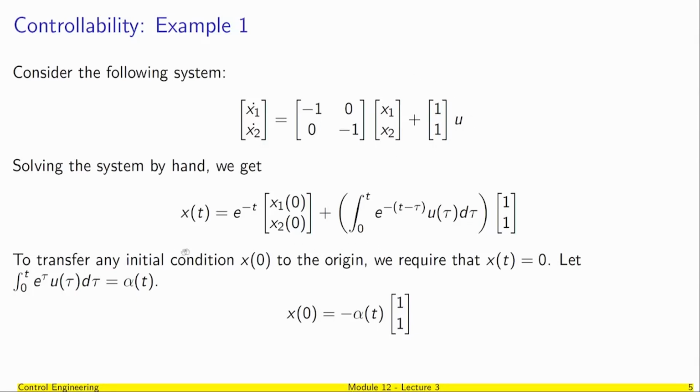If I just try to solve those, I get something like this, that x of t, starting from initial conditions, we will have a solution like this, which essentially means I will ask myself a question: given initial states x1 naught and x2 naught, what are the states x1 and x2 I can reach after time t. Okay.